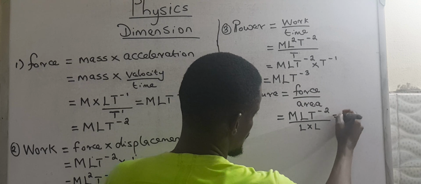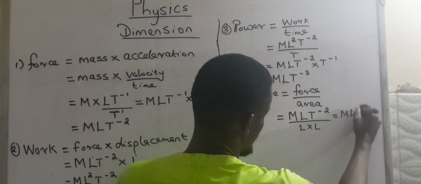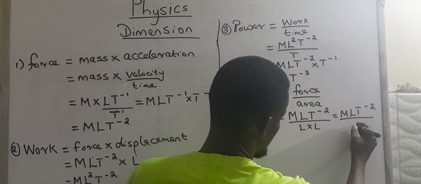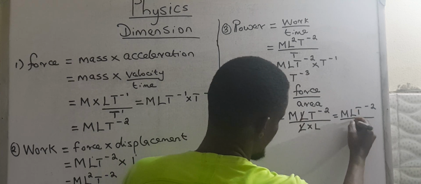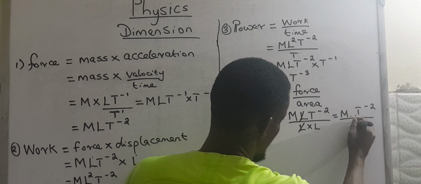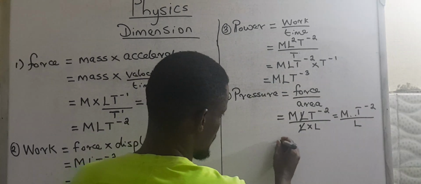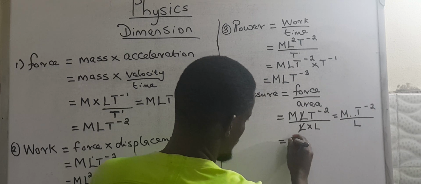So this is equal to MLT⁻² over L times L. So I can take one of these out, so I have just L here, since I cancel one of these. So the power of L here is 1, so if I take it up, it becomes minus 1.